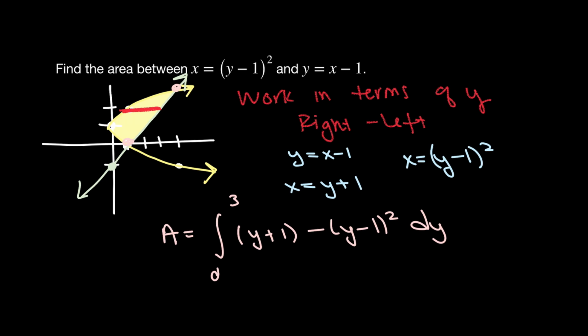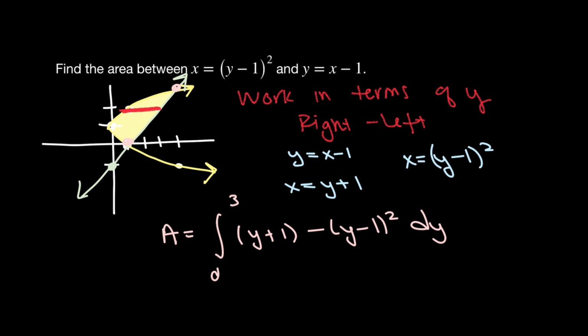We are going to integrate the right side of the object, which is my line, x equals y plus 1. So I'm going to take y plus 1 minus the left side of the object, which was x equals y minus 1 squared. So we're going to integrate line minus parabola, and our bounds of integration are going to be the bottom of the object, which is y equals 0, to the top of the object, which is y equals 3.